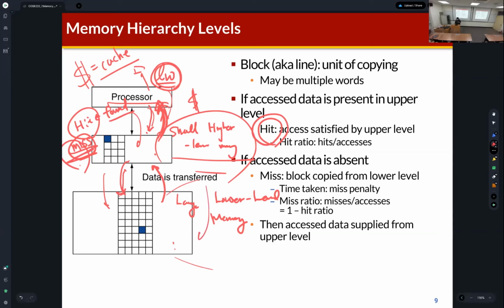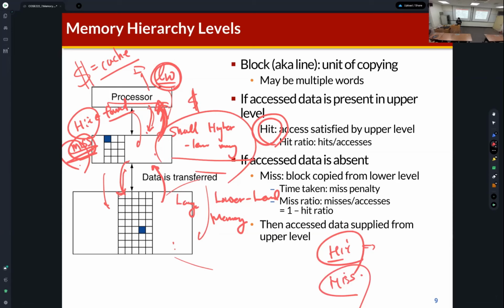So you need to remember that hit or miss event in the memory hierarchy: if the data is found in the cache, some higher level memory, then this event is called a hit. If data is not found, then this event is called a miss.